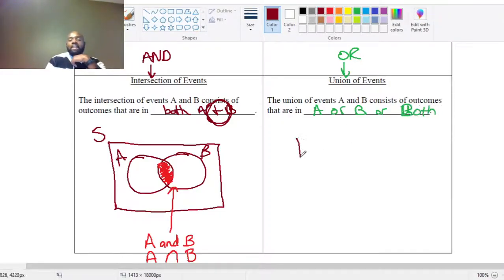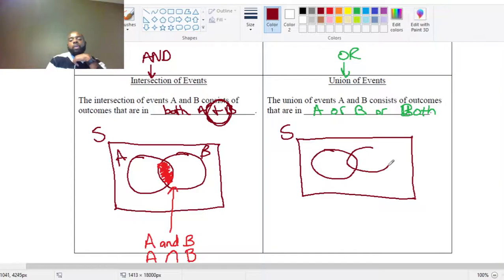And so if I draw my sample space, and let's say that they're not disjoint. We don't have information that they're disjoint, so that means they're in an overlap, right? Well, you can be in event A, which includes all of this stuff, or you can be in event B, right? And it includes this stuff in the middle, right? And so all of this shaded region represents A or B, the union.